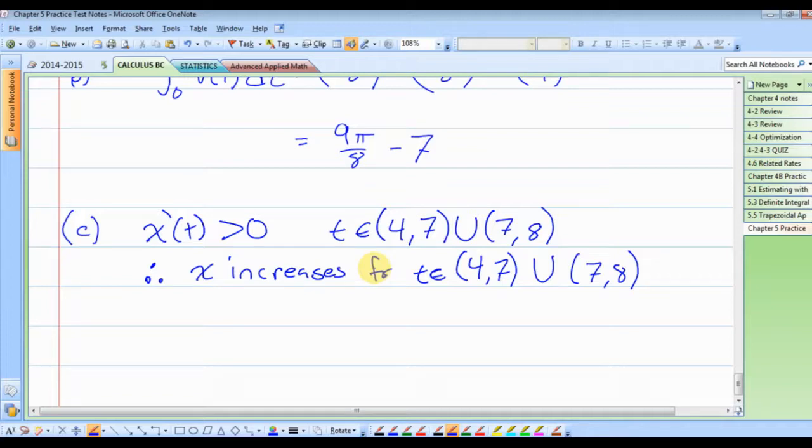Alright. Likewise, we're going to do the opposite of this. When is x prime less than 0? 0 to 4. Yeah, that's easy. That's for t between 0 and 4. Again, this is a calculus A question. You should have this down.